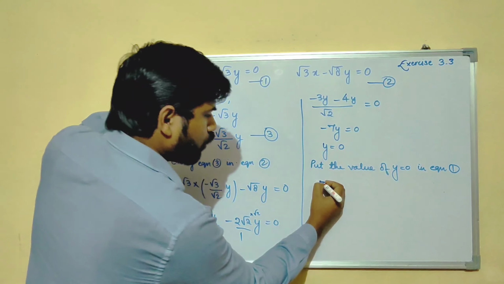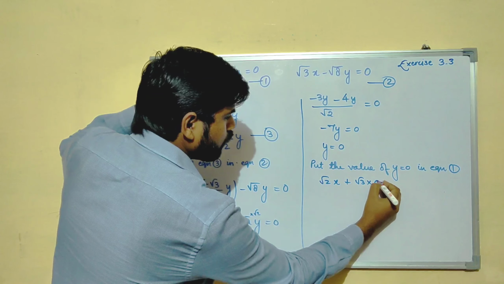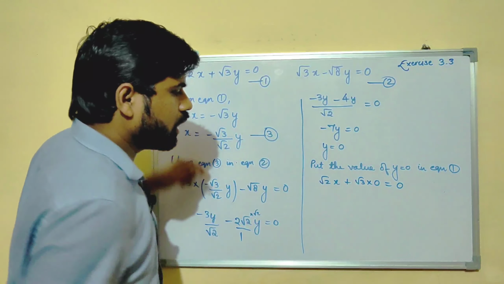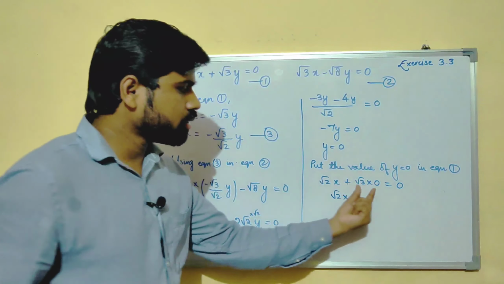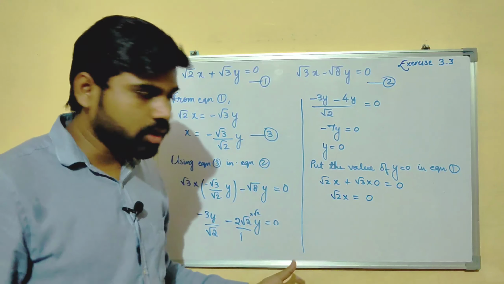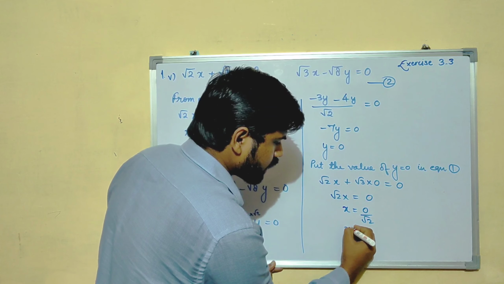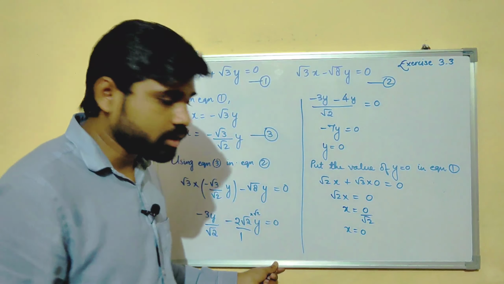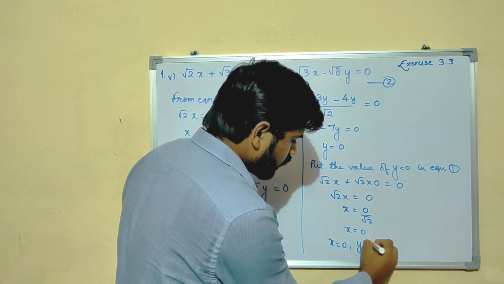So root 2x plus root 3 into 0 equals to 0. Root 2x equals to 0 because root 3 into 0 will be 0 only. The value of x will be 0 upon root 2, which is x equals to 0. That means your answers are x equals to 0 and y equals to 0.